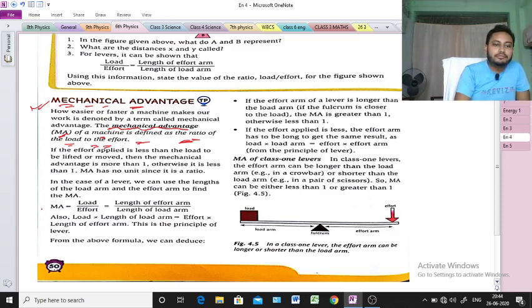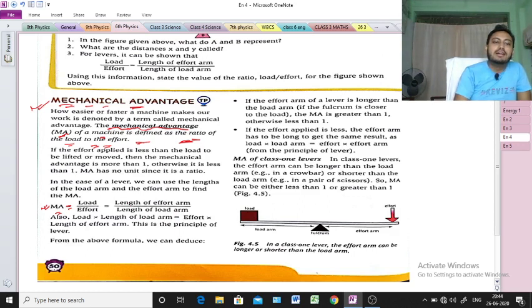This is the mathematical form: mechanical advantage equals load by effort. Clear? Or you can say mechanical advantage equals the length of the effort arm divided by the length of the load arm. Clear?